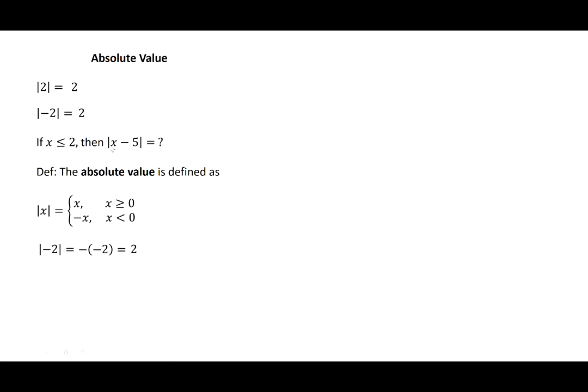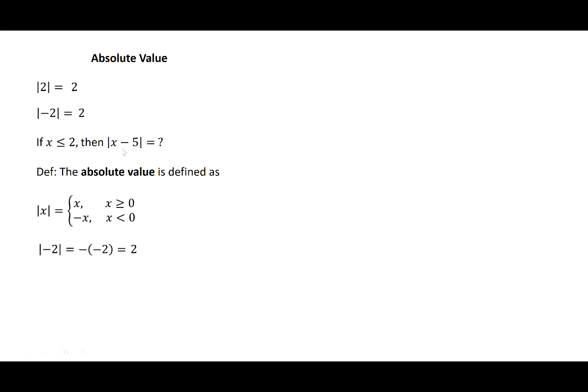When x takes on those values, what kind of values would x minus 5 take? For instance, let's say x is 2. 2 minus 5 is -3. Oh, that's a negative number. When x is 1, this is again negative. 0, negative. Any fraction in between, negative.